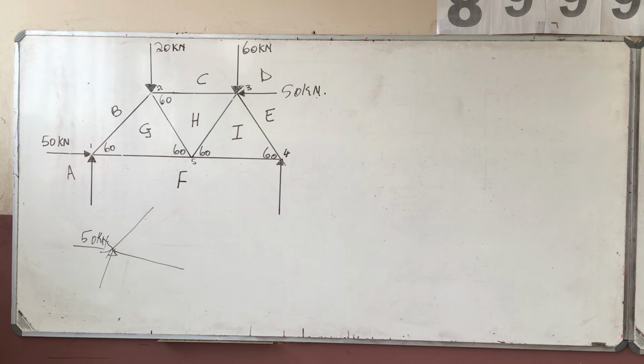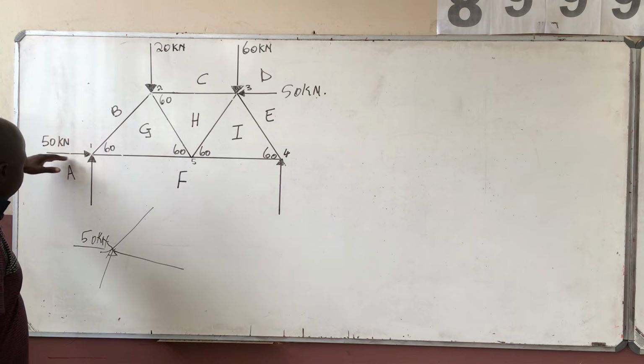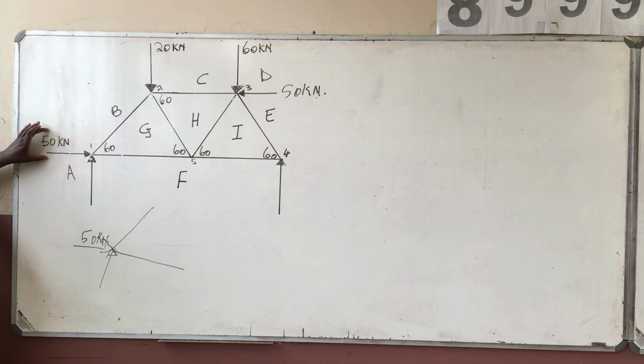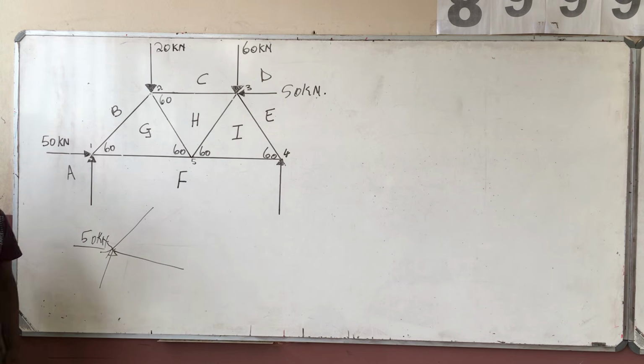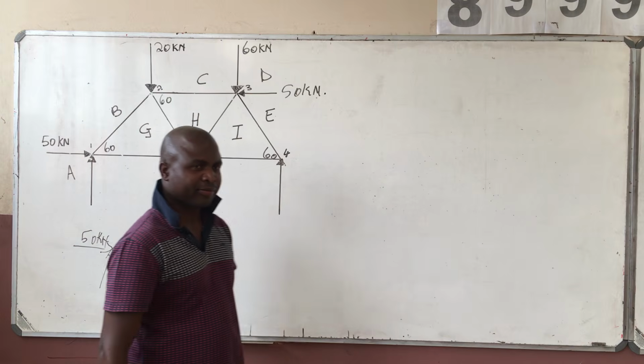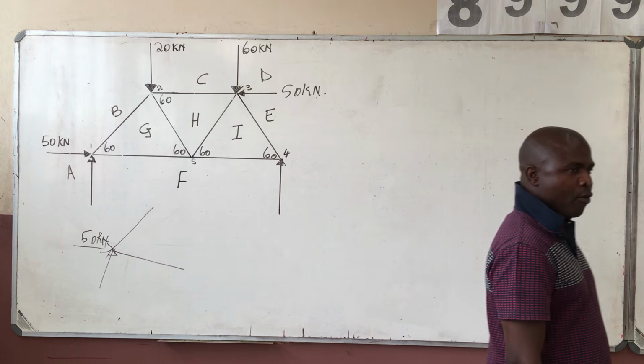It's only one, eh? Yes. This one is a member, right? We only have this one as known. So you need to choose your starting point. So your starting point, we must at least have one known.